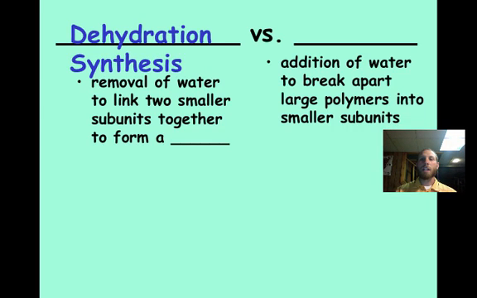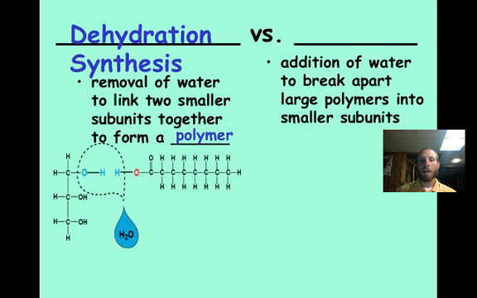The next topic is dehydration synthesis versus hydrolysis. Dehydration synthesis is the removal of water to link two smaller subunits together to form a polymer, whereas hydrolysis is the addition of water to break apart large polymers into smaller subunits.